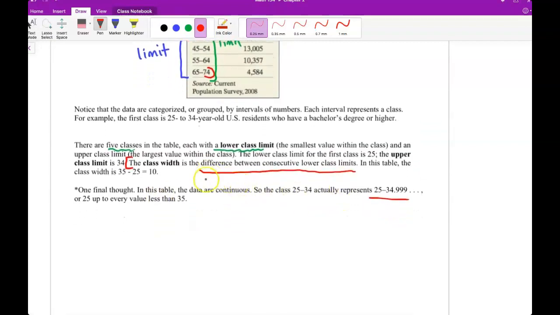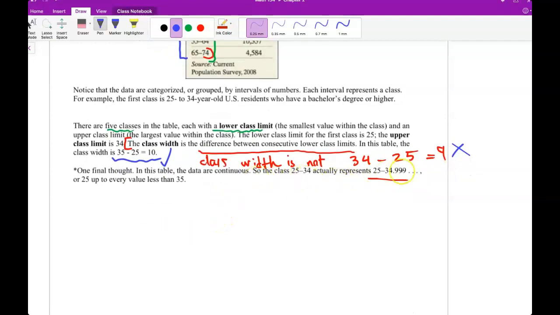So the class width is not equal to 9. That is wrong, and the answer is 10.